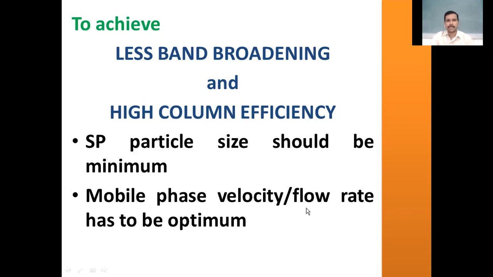By trial and error, by doing preliminary analysis, we have to fix the optimum velocity of the mobile phase with respect to the stationary phase particle and the mobile phase composition we are using. If you maintain the optimum mobile phase velocity, or the carrier gas speed, through the chromatographic column during the elution process, you will definitely achieve better chromatographic separation with the greatest column efficiency and less band broadening or zone spreading.